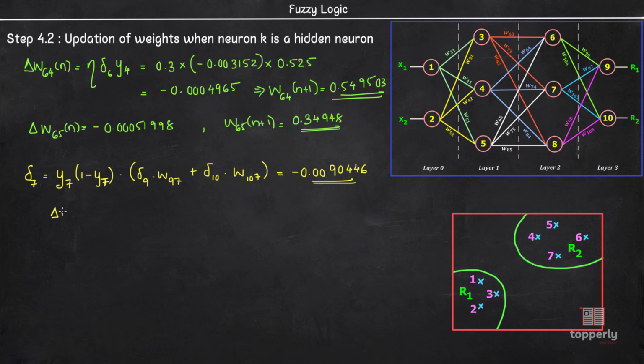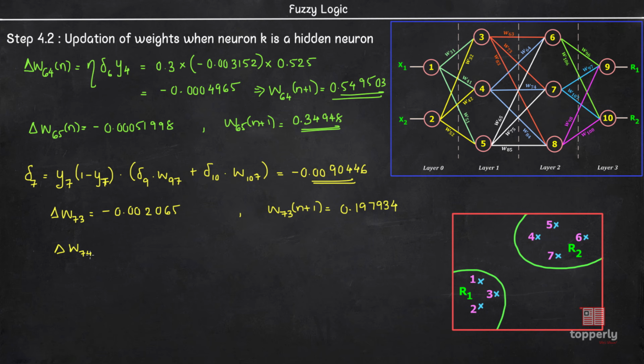So delta W73 is equal to minus 0.002065, and W73 of n plus 1 is equal to 0.197934.